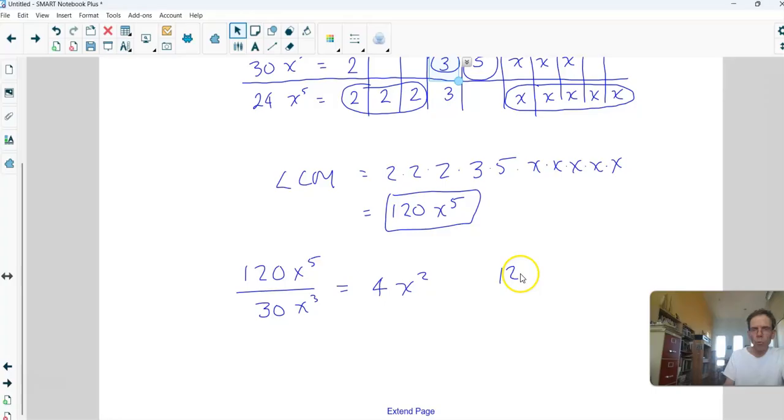And 120x to the 5th divided by 24x to the 5th. Well, the x to the 5ths cancel, and 24 goes into 120 5 times. So they divide in evenly, and 120x to the 5th is the smallest thing that both of the given quantities divide into.